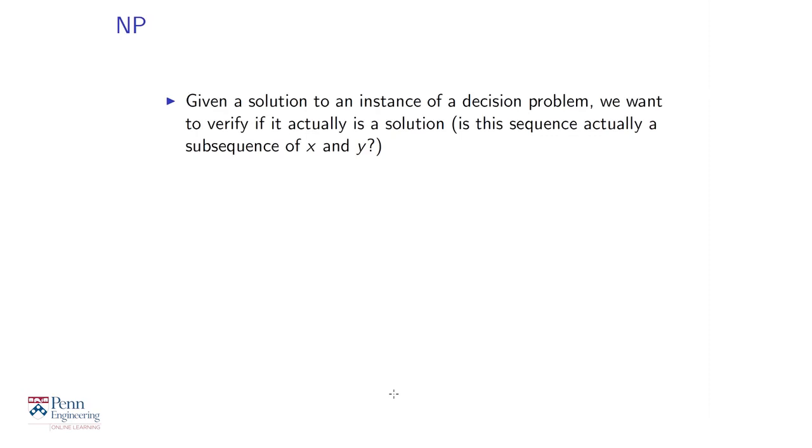Now let's talk about a different class of problems called NP. Even if you're talking about decision problems, you might be able to produce some evidence to back up the decision. For example, if you want to say that n is not prime, then what would be the evidence to back up the no answer to is n prime? You would show a number that divides n. You would show an i that divides n.